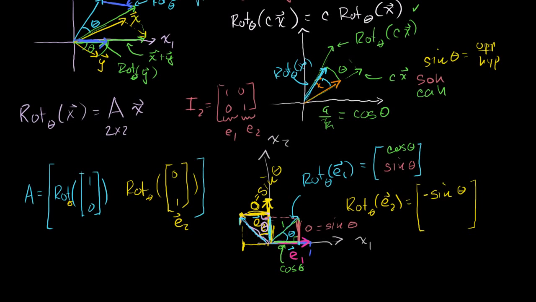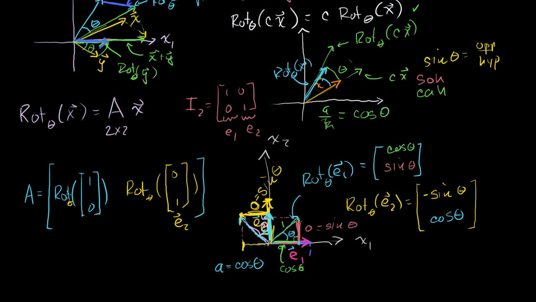And then what's its new y component going to be of this rotated version of E2? Well, we just look right here. We have our angle. This is adjacent to the angle. This adjacent side over the hypotenuse, so adjacent over 1, which is just this adjacent right here, is going to be equal to cosine of theta. So its new y-coordinate is going to be cosine of theta.